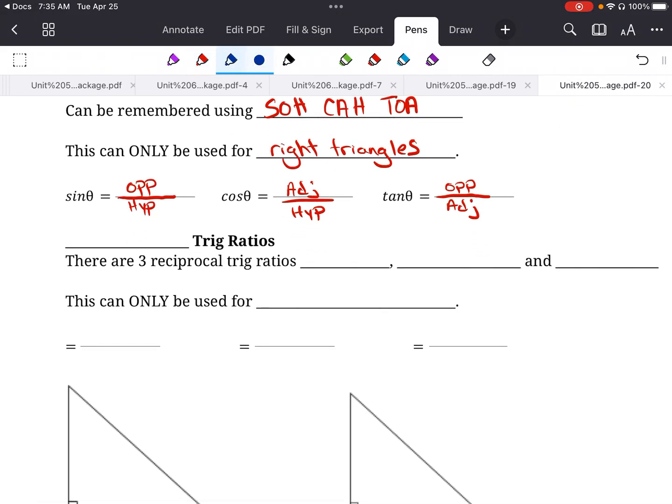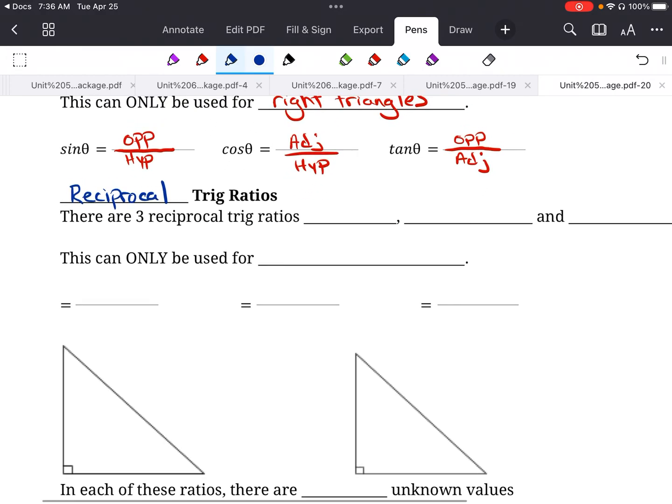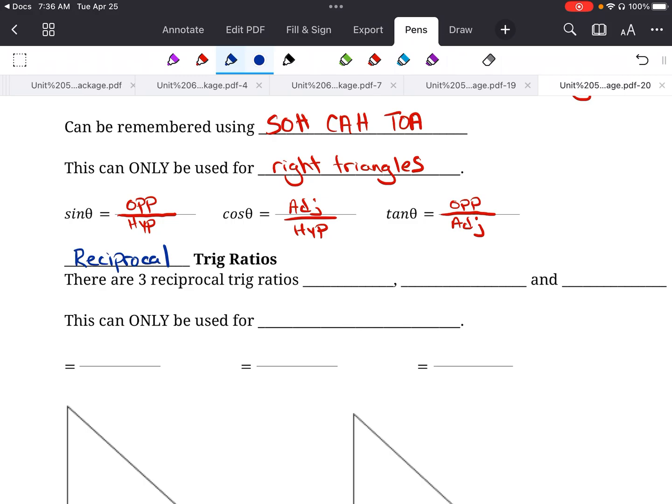Then we'll look at the new part of the unit, and that is reciprocal trig ratios. If you remember from the last unit, reciprocal means flipped upside down. These are the reciprocals of sine, cosine, and tangent.